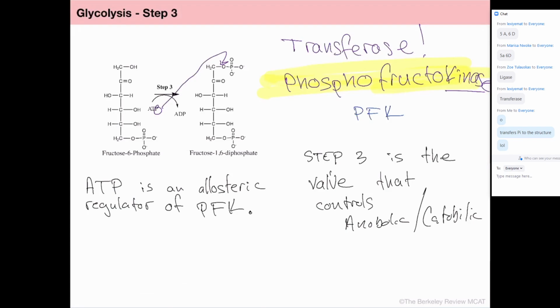What does that mean? If you have phosphofructokinase, this enzyme, I guess we should draw it out. Here's the active site. ATP itself can bind somewhere else and alter the shape of this enzyme so it becomes less active.